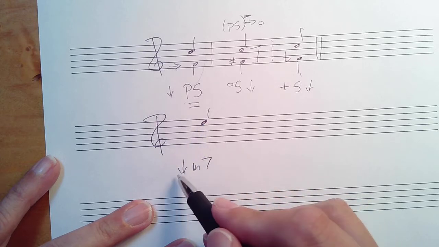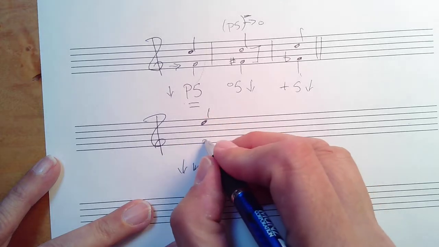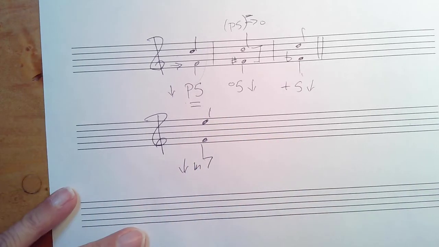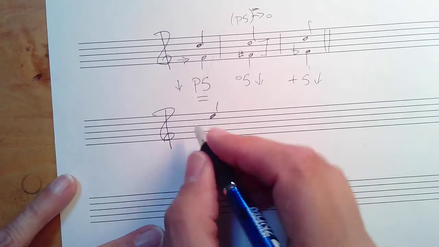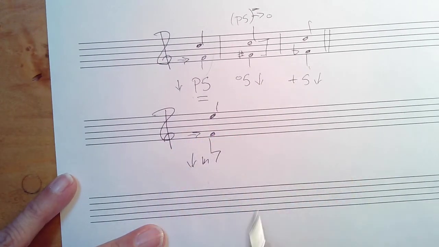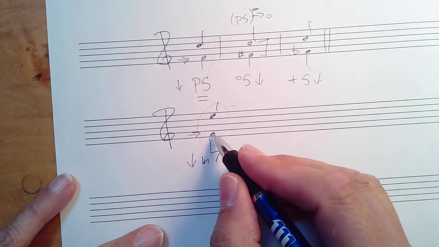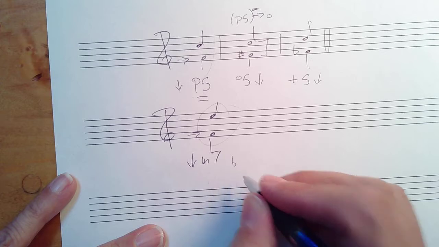Minor 7th below E. First thing we do is we count down 7, which takes us down to F. So E, D, C, B, A, G, F. Now, we look at the key signature of the bottom note and we analyze what we currently have. The key signature of F is 1 flat, which is B flat.